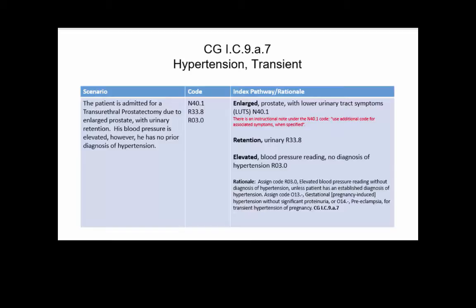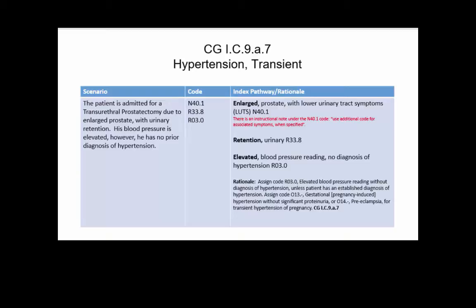He's admitted because of that enlarged prostate, which is causing the urinary retention, and for whatever reason he has this elevated blood pressure reading. So I pick the code for enlarged prostate with lower urinary tract symptoms, and that's N40.1, and there's an instructional note under that code that says use additional code for associated symptoms when specified.